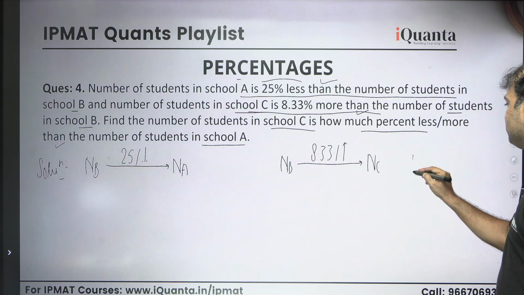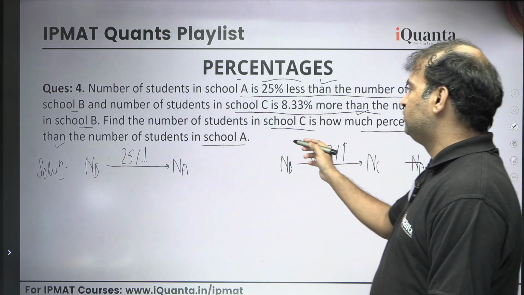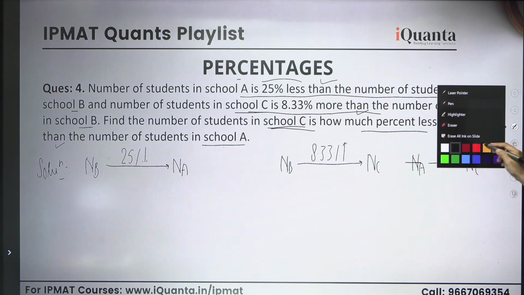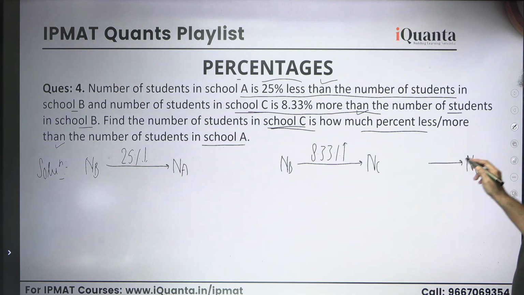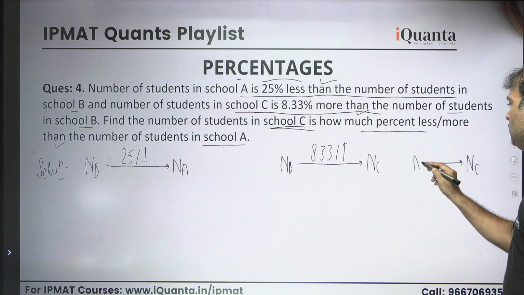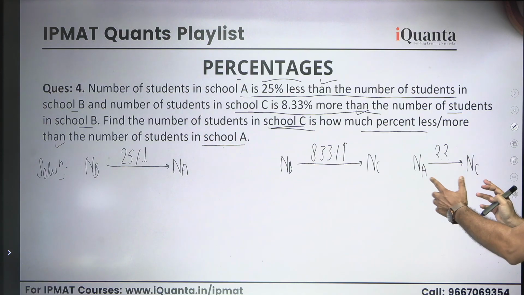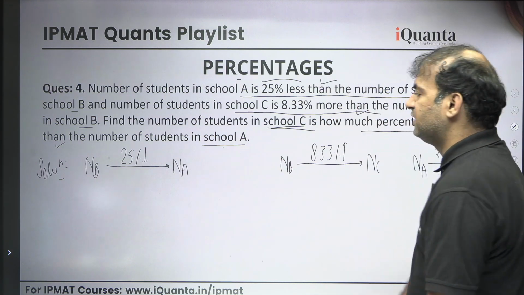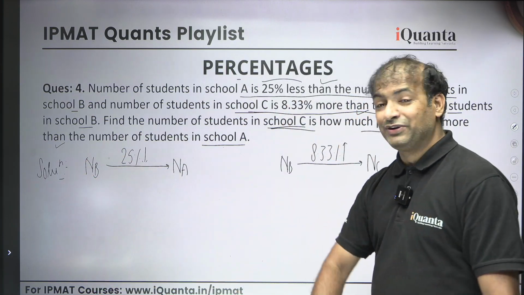So the number of students in school A is the initial value and the number of students in school C is the final value, all right? So in school C is how much percentage more or less than the number of students in school A. Okay, so that is the final question. So the main point is that the final question is about the students in school A and school C, right? And school A is dependent on school B, school C is also dependent on school B, right?